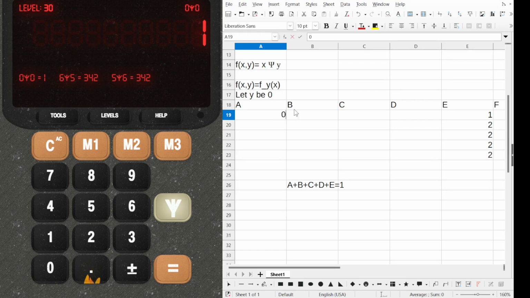0, 0, which means 0, 0, 0, 0, 1. How do you read this? It's basically A times x to the power of 5. We input 0 for x, which is 0. 0 to the power of 5 is still 0, plus B times x to the power of 4.